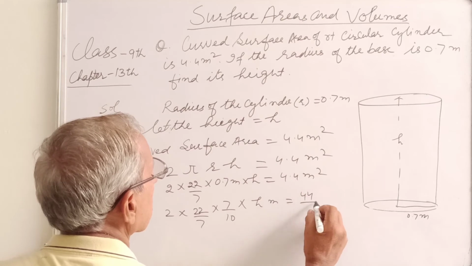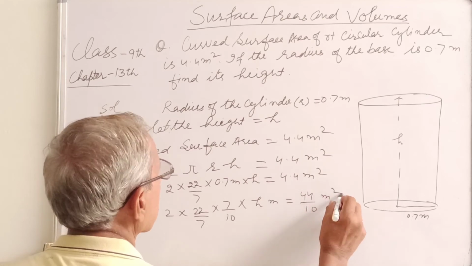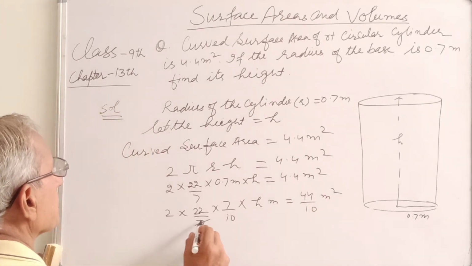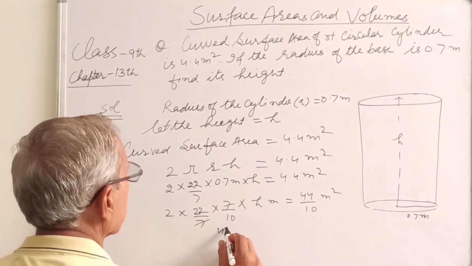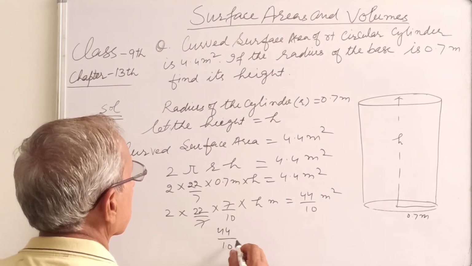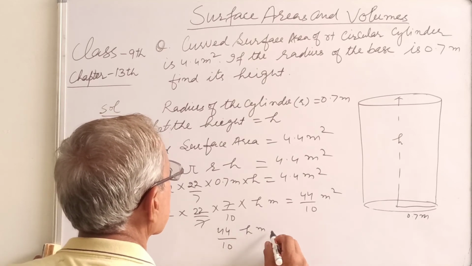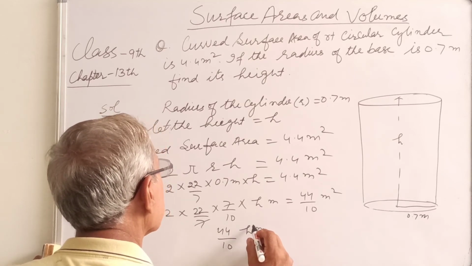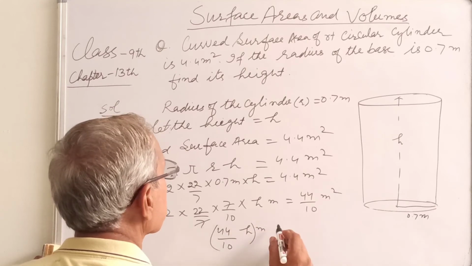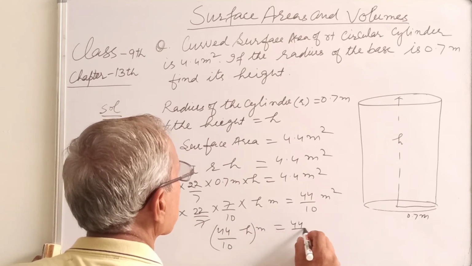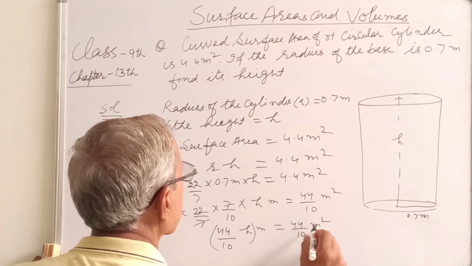44 upon 10 meters square. So 44 upon 10 h meter is equal to 44 upon 10 meter square.